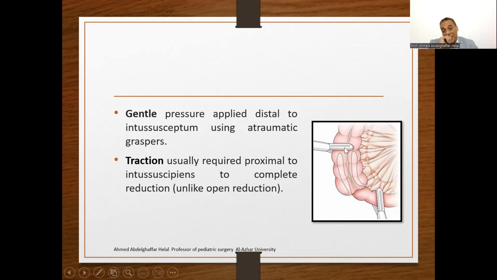Traction here is allowed, unlike the open technique. In the open technique, we push and never pull. However, here, traction is usually required proximal to the intussusceptum to complete the reduction. This is unlike the rule in open reduction.